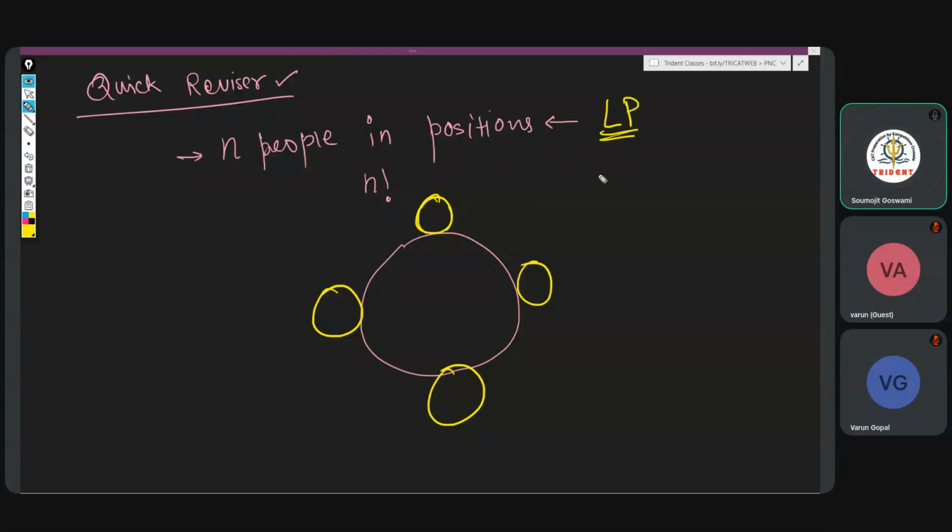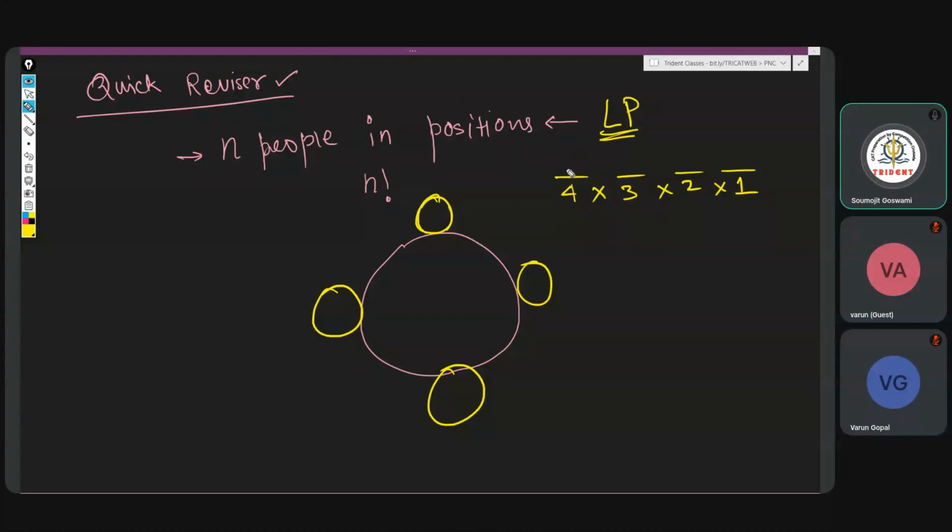For example, if there are 4 positions available, the first person can take any one of the 4 positions, everything is allowed to him. Once he's taken his seat, the next person has 3 ways, then 2 ways, and 1 way. Ultimately, 4 into 3 into 2 into 1 is the total number of ways in which you can arrange these people among themselves, right?